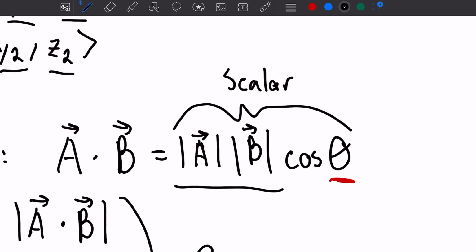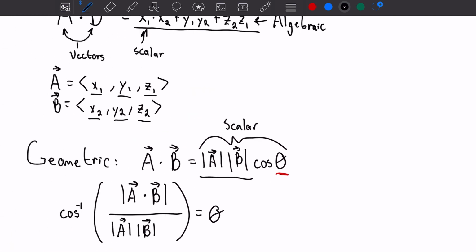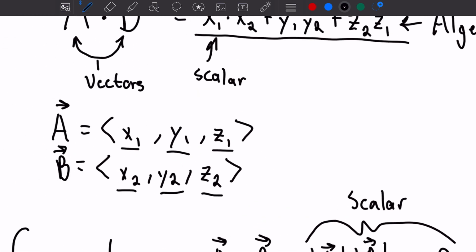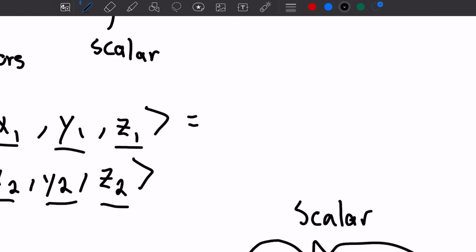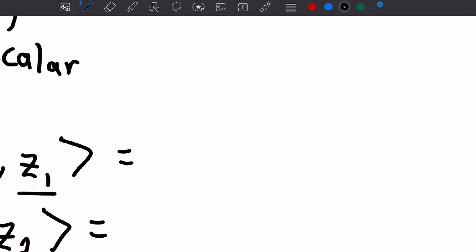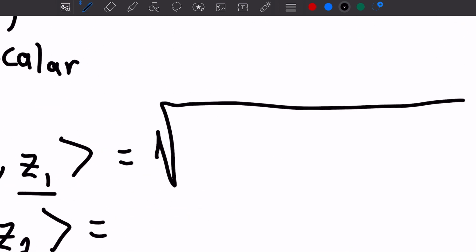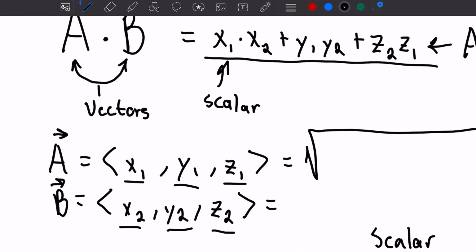In case you didn't know how to find the magnitudes of vector A and vector B, that's also a relatively simple process. I'll give you the examples of these two. We're just going to take the square root of each of these components squared.